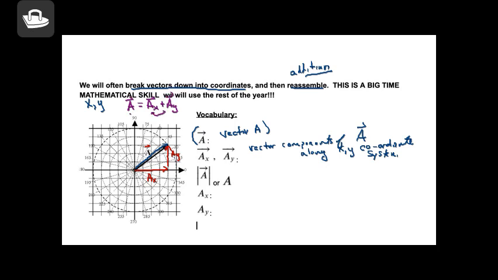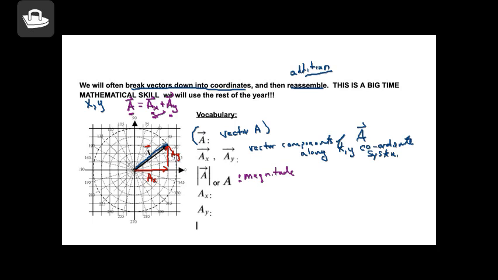All right, so this absolute value over the vector sign, or just looking at A, typically is talking about the magnitude of A, which means the size of it, the numerical value associated with the length of that hypotenuse. And then A sub X without the little vector symbol on top, these are also talking about the magnitude.